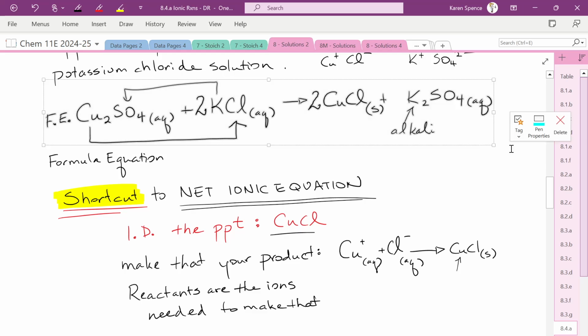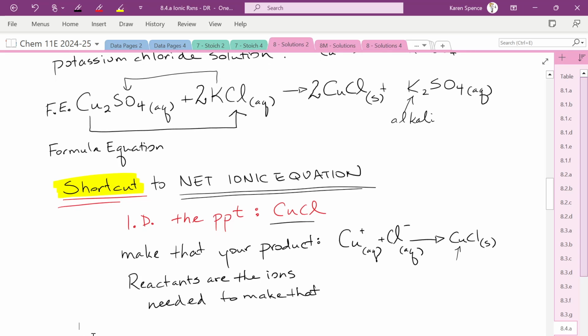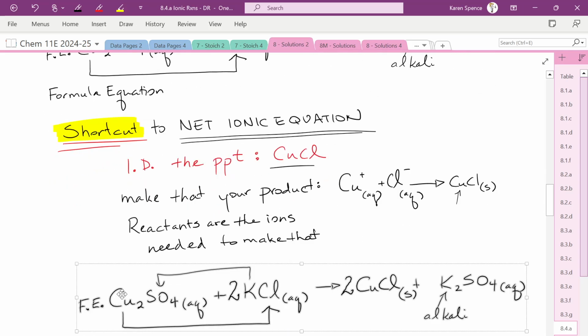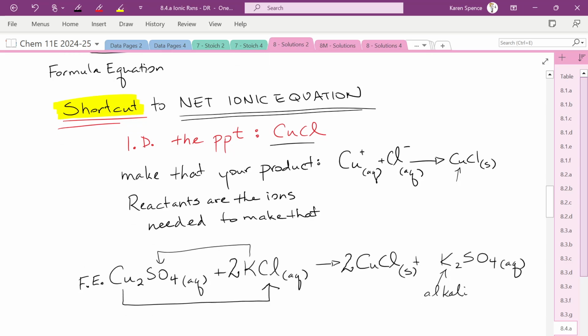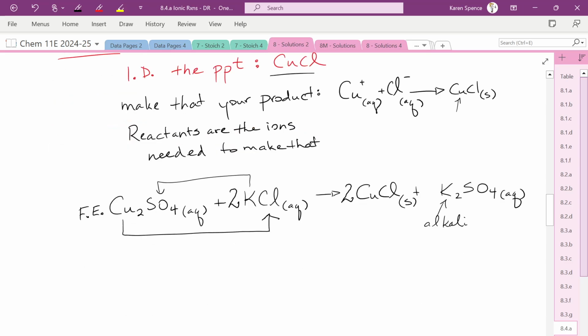And if you are asked for the complete ionic equation, you would do what we did in all our other instances. So our complete ionic equation, our CIE, we have an aqueous substance, so we split it apart.